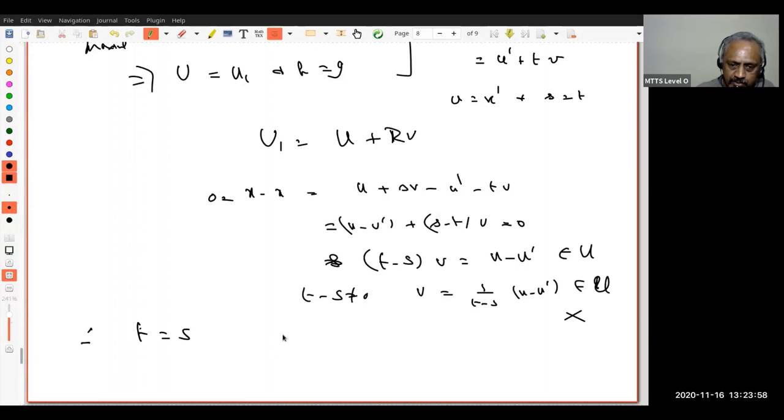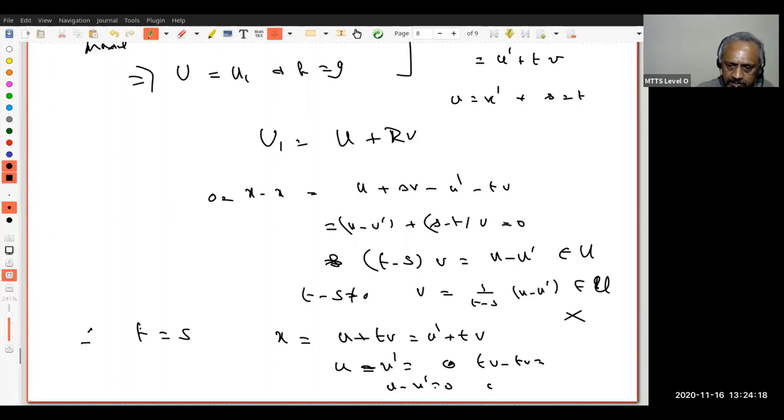Therefore, when T equals S, again look at that. That is U plus TV equals U dash plus TV. Therefore U minus U dash equal to 0, that is TV minus TV, which is 0. That means U minus U dash is 0, that is U equals U dash.